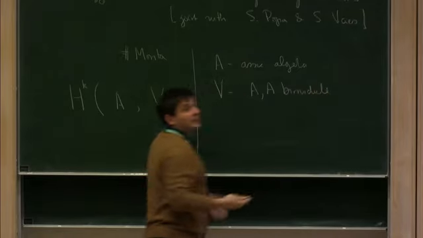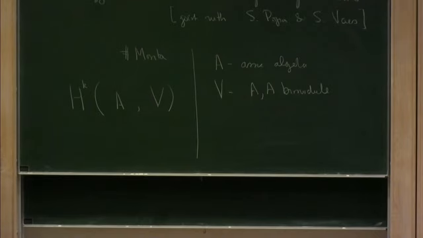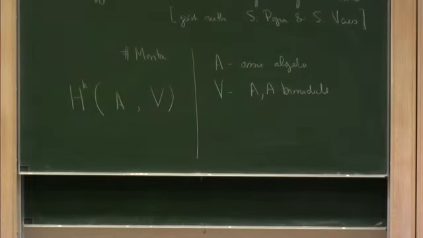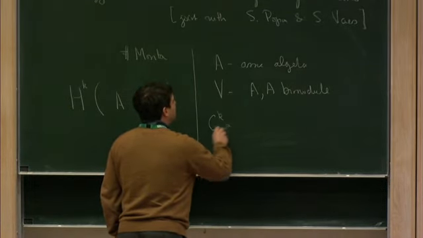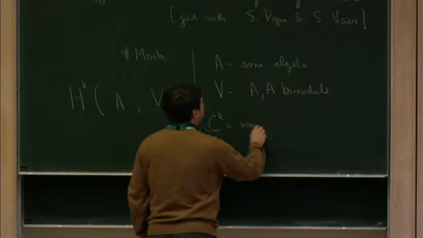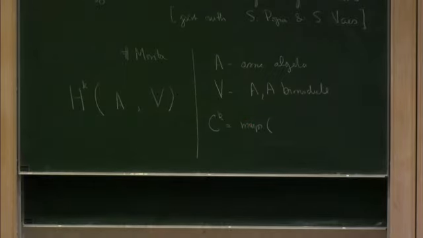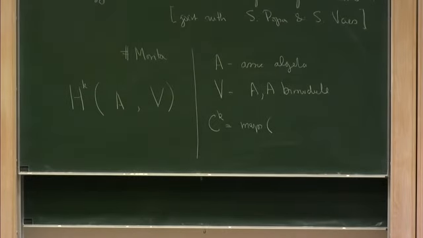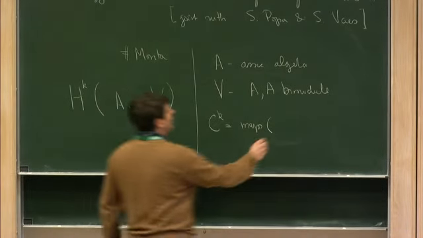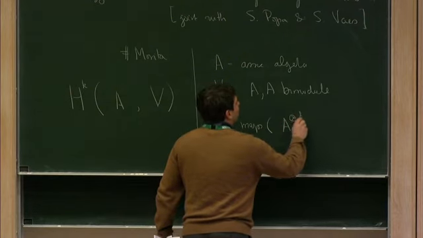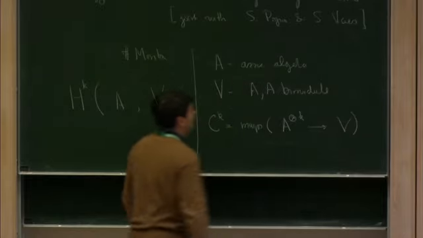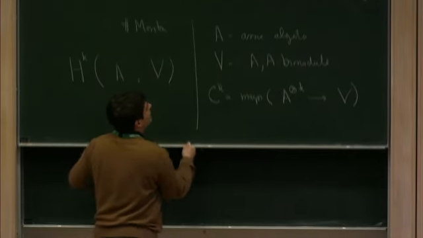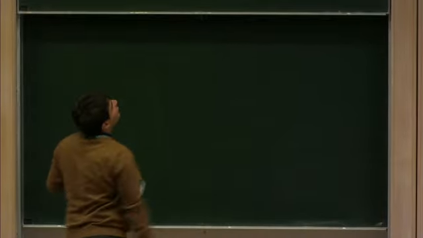So that's a vector space that carries two commuting actions of A, one on the left and one on the right. And then one looks at C^k, so these are maps from, and I always get the grading incorrect, from the kth tensor power of A into your coefficient bimodule V. And on this space of maps, there is a Hochschild differential, which is d.